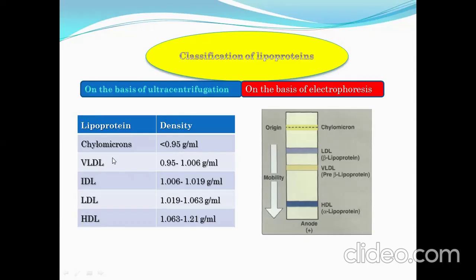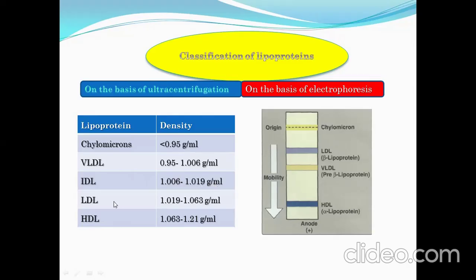The range of VLDL is 0.95 to 1.006 gram per ml. Intermediate density lipoprotein is 1.006 to 1.019 gram per ml.